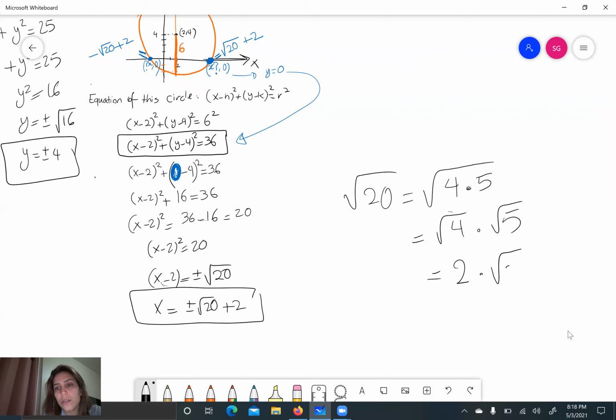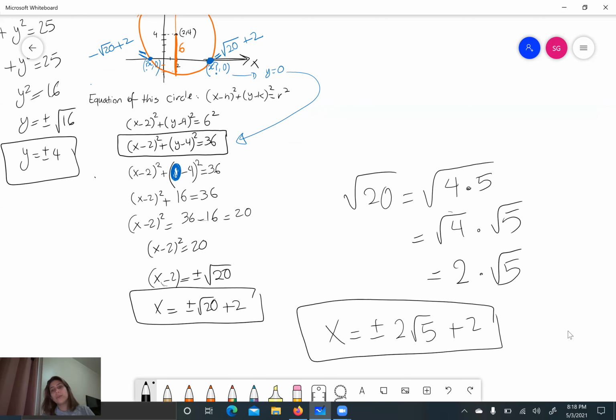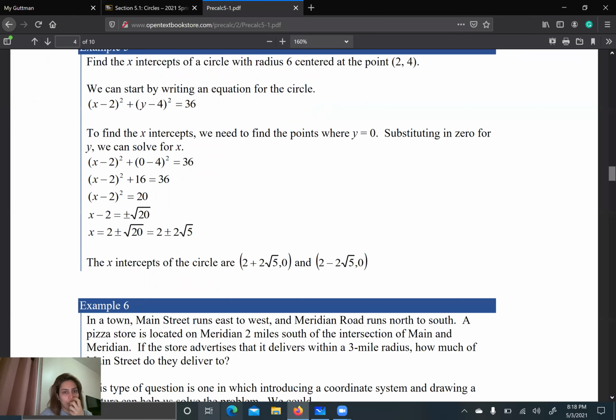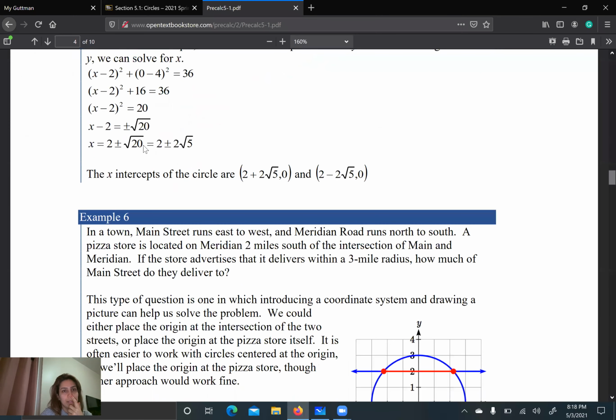So you can also express your answer in this format, saying that x is positive, negative, 2 square root of 5 plus 2. But it doesn't matter. You can either say square root of 20, or you can express it as 2 times the square root of 5. See, both of them are the same thing.